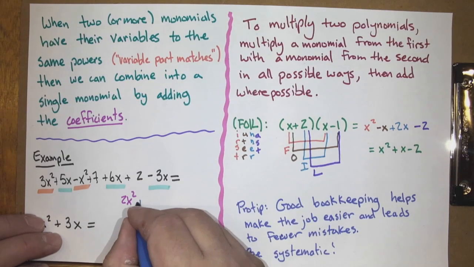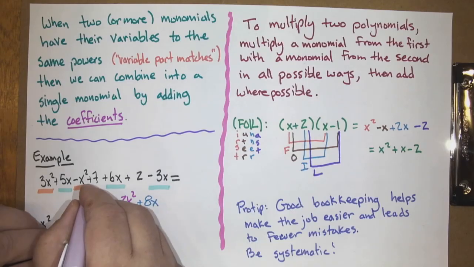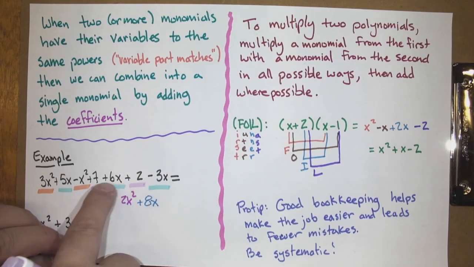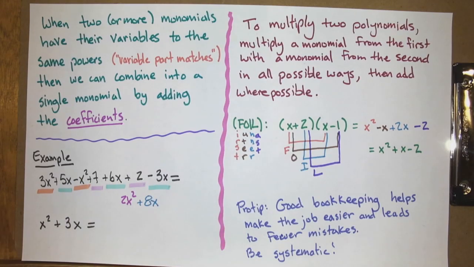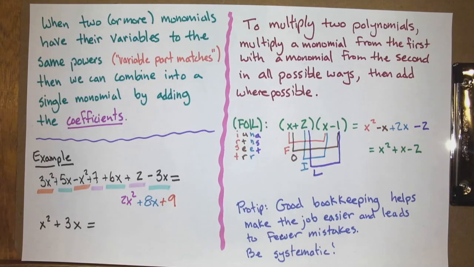That is indeed 8x. And finally, we get our constant terms. And we have two constants, plus 7, plus 2. Always pay attention to these pluses and minuses. Pluses and minuses matter. Put those together. 7 plus 2 gives us 9. So that reduces to 2x squared plus 8x plus 9.